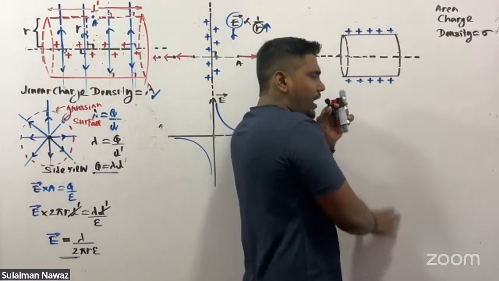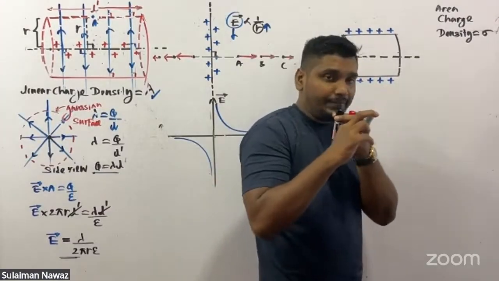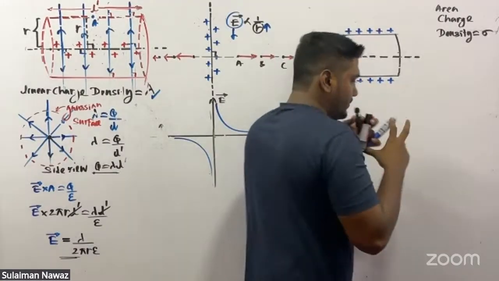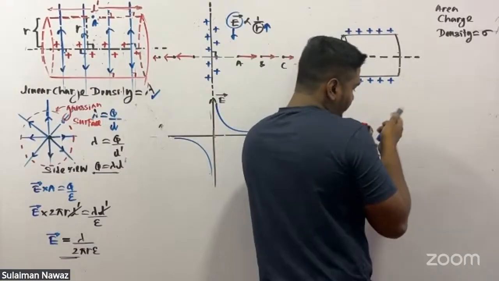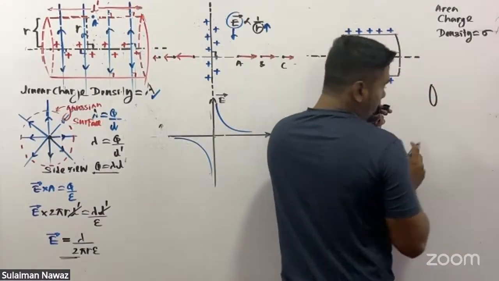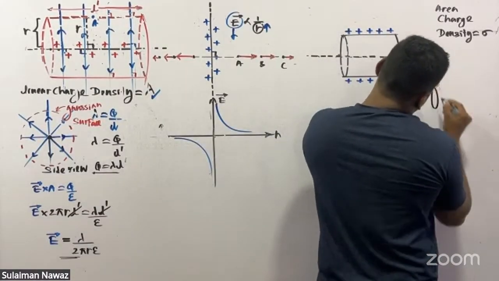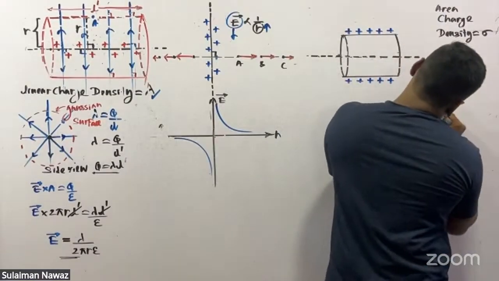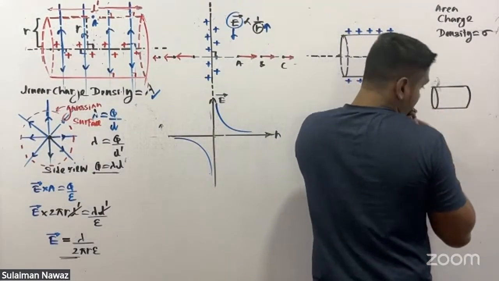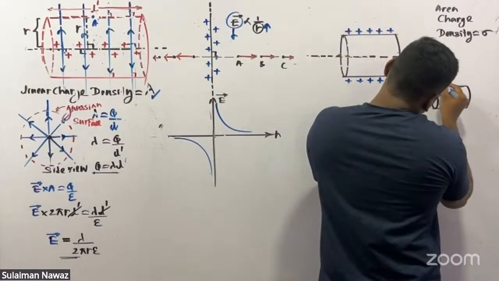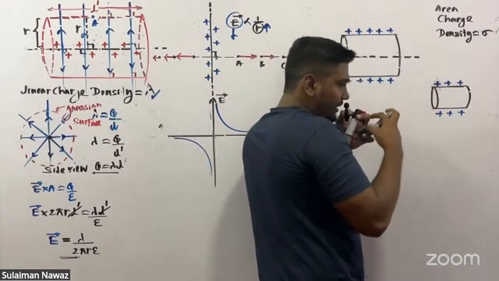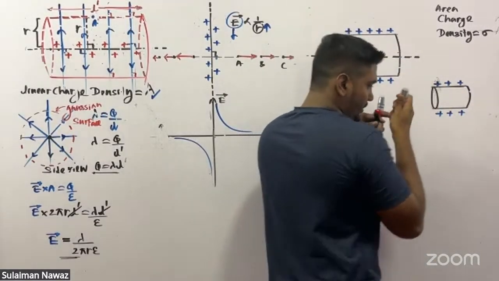How would the electric field lines pass from this hollow conductive cylinder? If I draw the electric field lines, this is the front view.